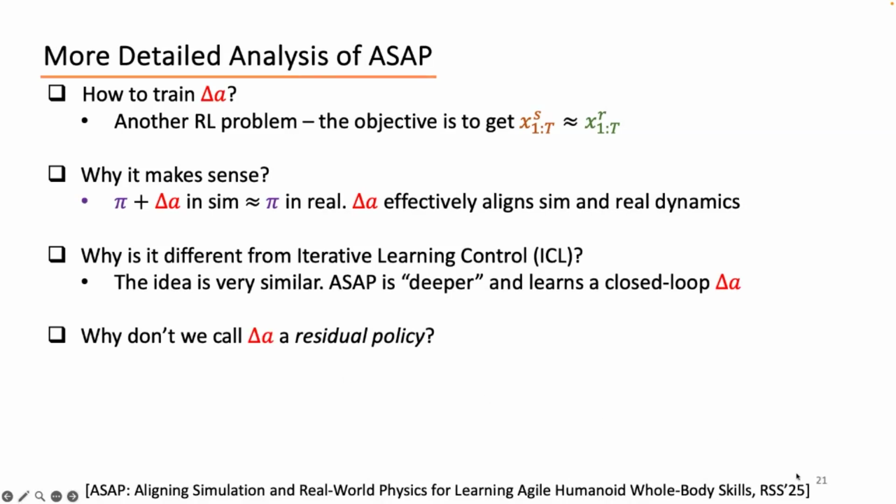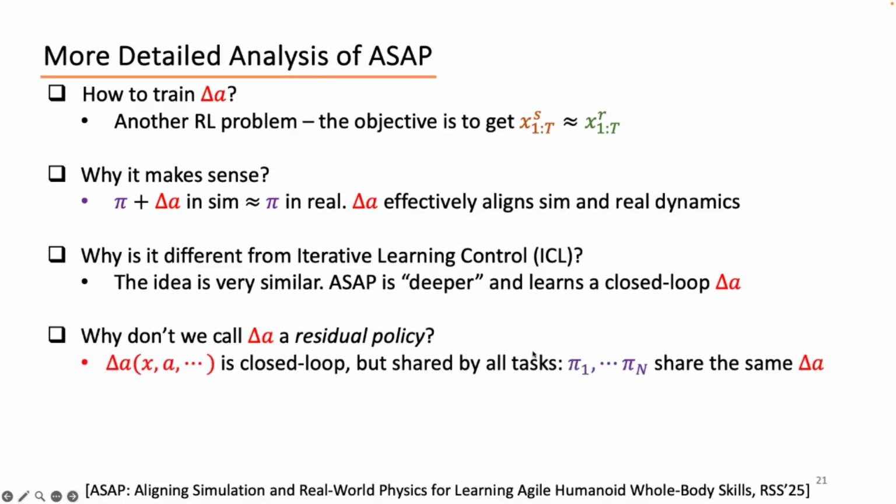Because it is a closed loop feedback neural network policy, but I want to highlight delta A is shared by all tasks, right? Pi 1, pi n corresponding to different motions, they share delta A. Because we don't want delta A to do any task specific stuff. We want delta A to pay attention to the dynamics. This is why we don't call this a residual policy. We call this a residual action model.